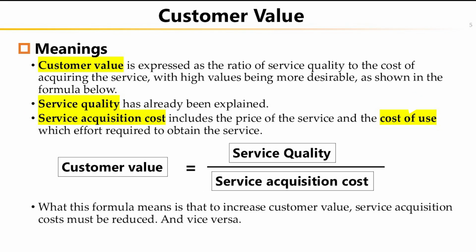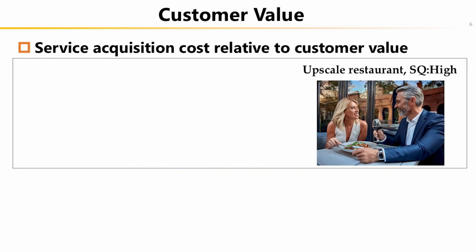Cost of use refers to the effort required to obtain the service. What this formula means is that to increase customer value, service acquisition costs must be reduced. And vice versa. Let's consider how service acquisition costs relate to customer value.